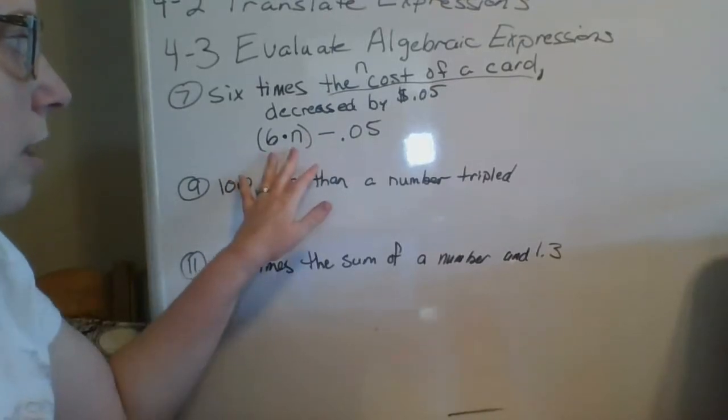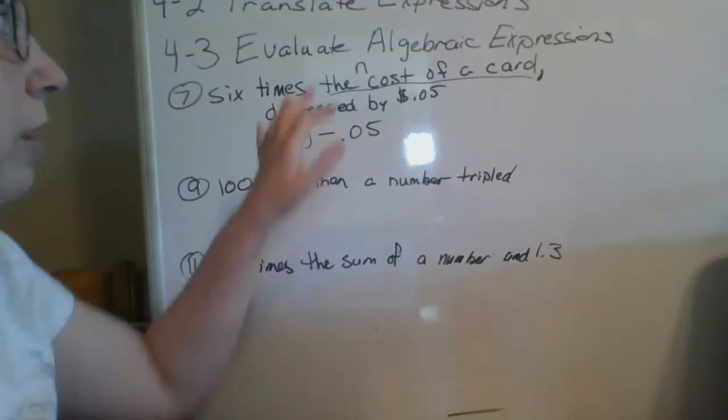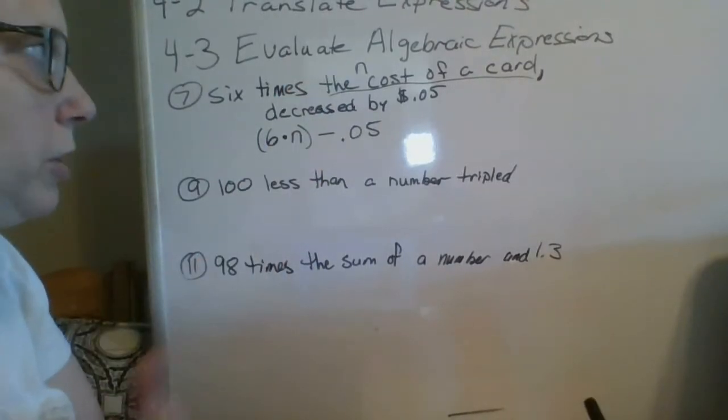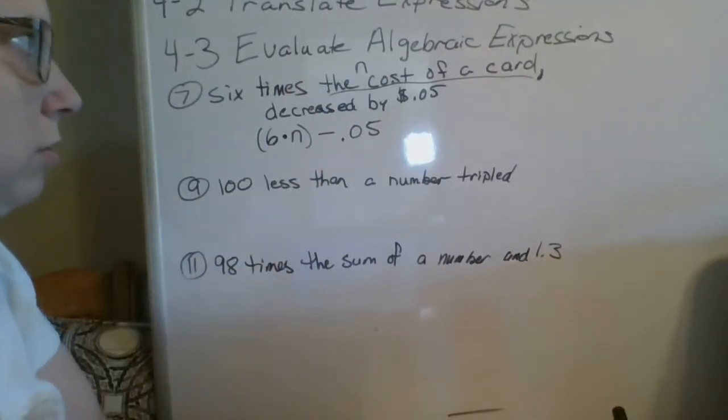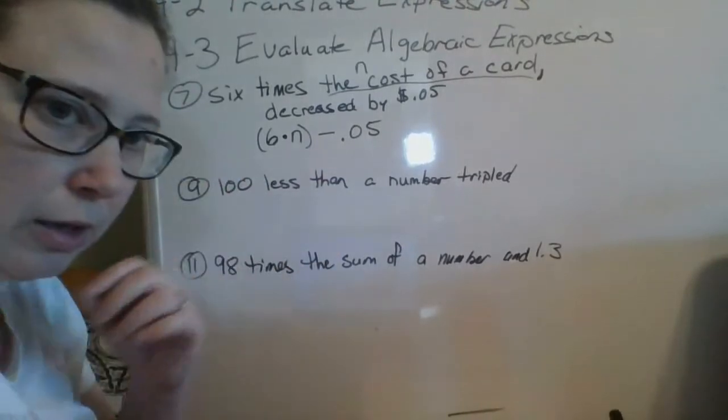We have 6 times n, and we're going to subtract 5 cents from that. That's what our algebraic expression told us. So this is the correct answer here, and there's nothing else we can do for it.